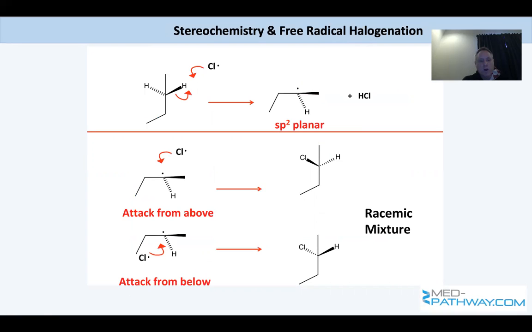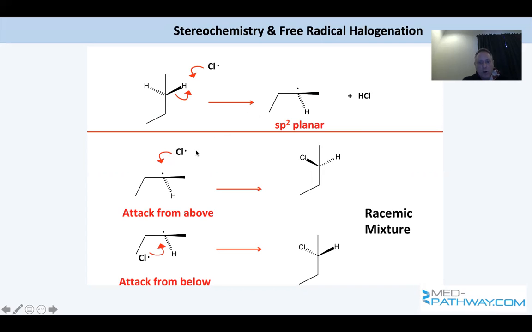So there are stereochemical considerations in free radical halogenation. So let's take a look at this compound here. We start out with this alkane, and there are no stereo centers. This carbon here actually has two hydrogens. So although it's sp3, it doesn't have four unique groups bound to it. And so what happens then is that the chlorine radical pulls off the hydrogen, as we saw, and you generate this sp2 planar intermediate here.